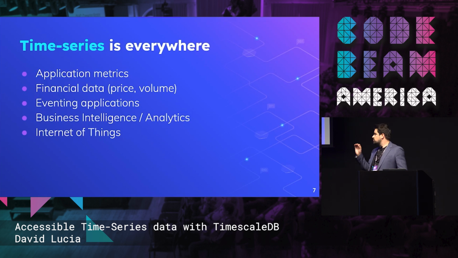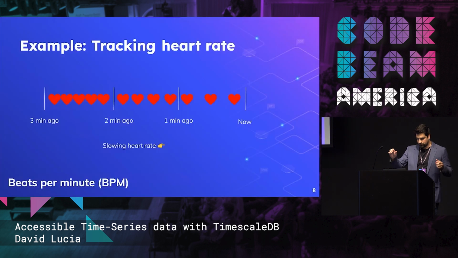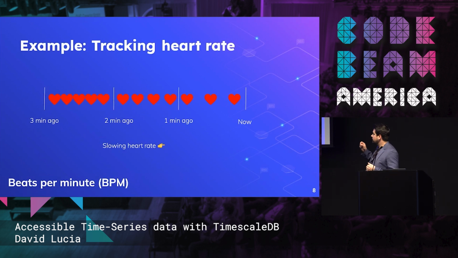But let's get into more specific examples so that we could really understand what I'm talking about. So let's use the example of a fitness tracker, a heartbeat. So here we see, going back in time, we see heartbeats. And these heartbeats occur at a point in time, and they belong to a person.